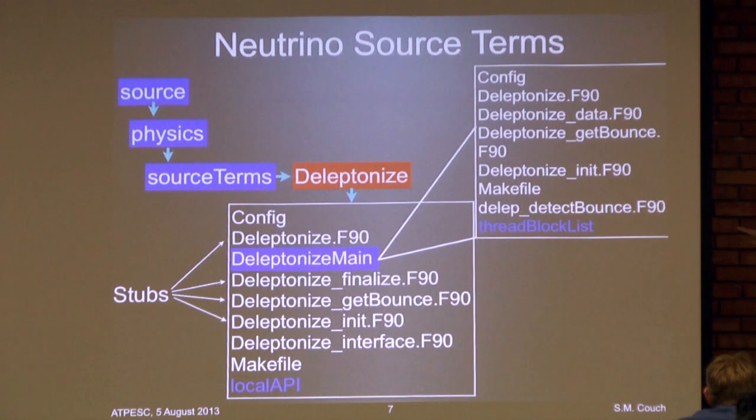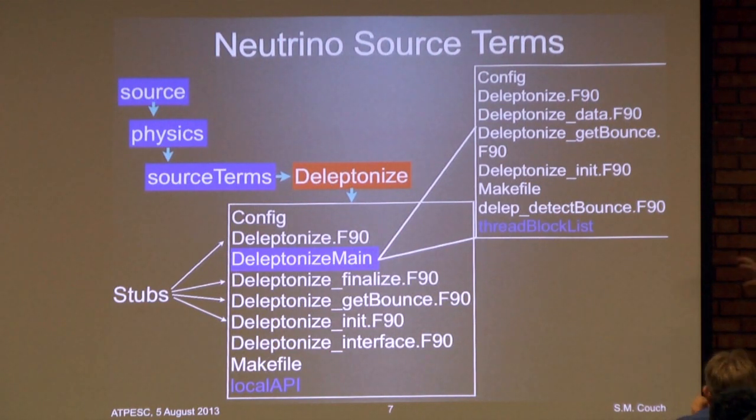So delep bounce will basically return a logical, hey, have we bounced or have we not bounced? That deleptonize can use, and that will exist in deleptonize data. Now, this information about whether or not the core conditions have reached what I consider bounce is important to other physics units, like the neutrino heating and the neutrino leakage scheme.